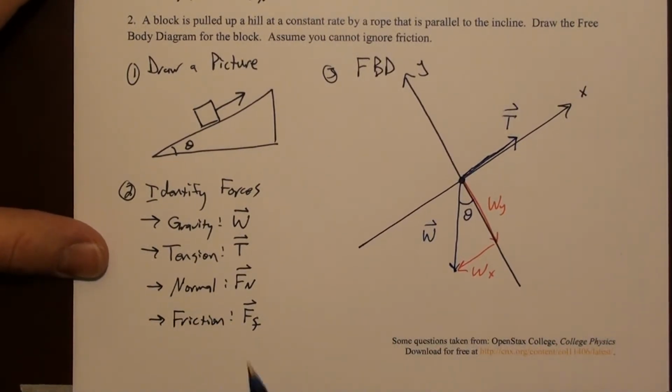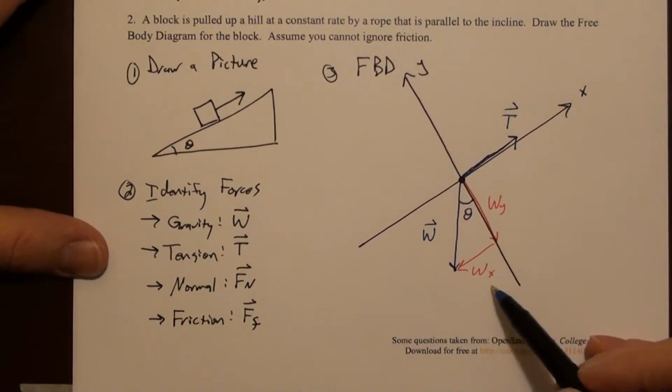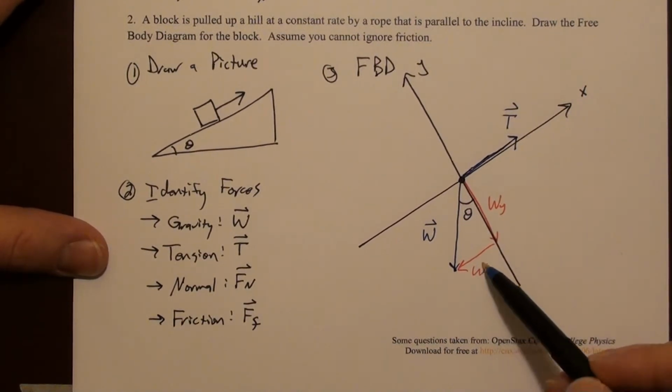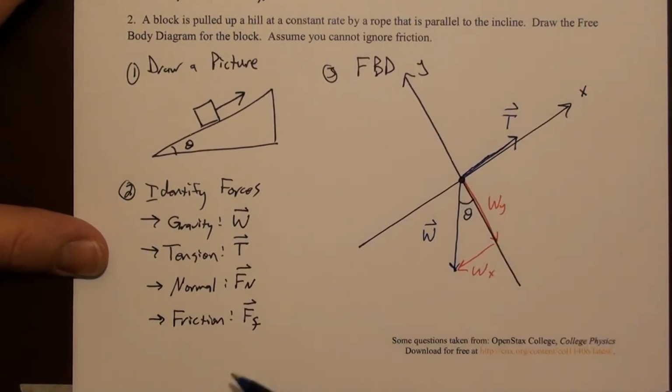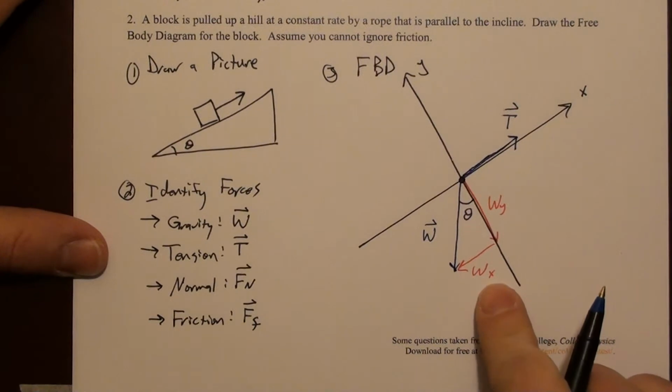Although we can immediately say, because this is going up the incline, this tension has to at least match the x component of weight. Right? If the tension were smaller than the x component of the weight, this would actually be falling down the incline, slowly, but it would be going down. So tension has to be at least equal to the weight.